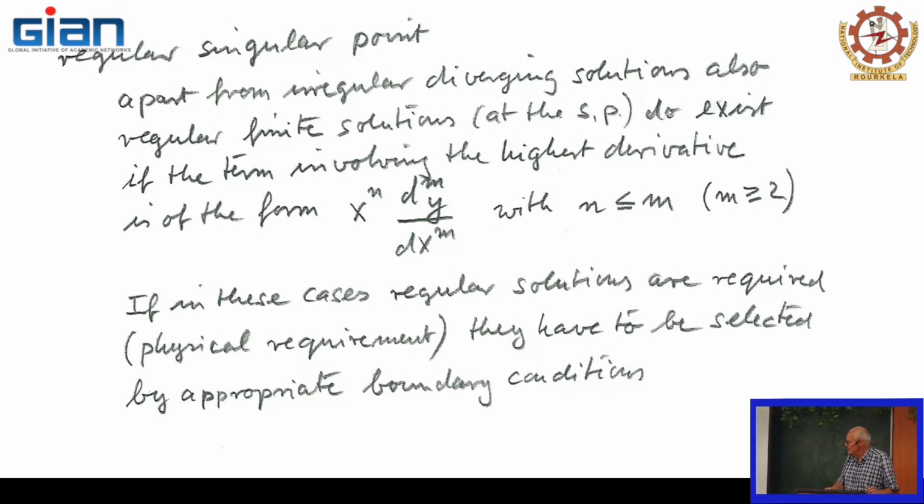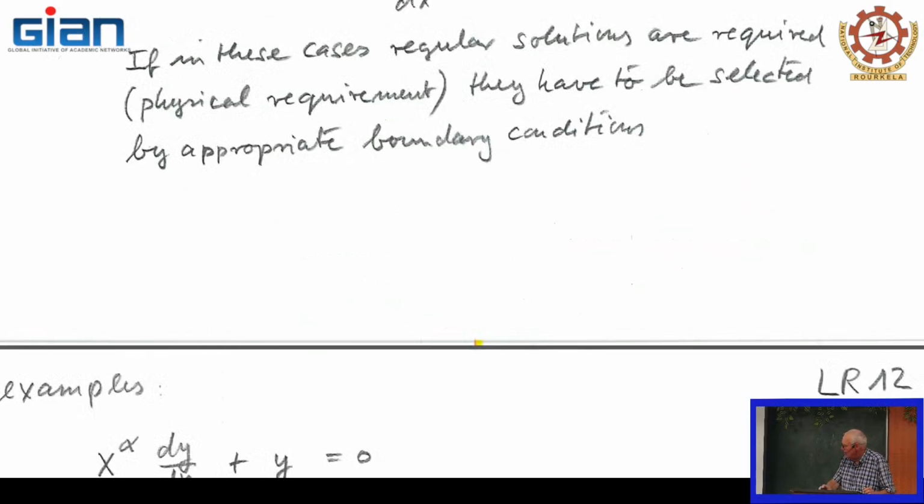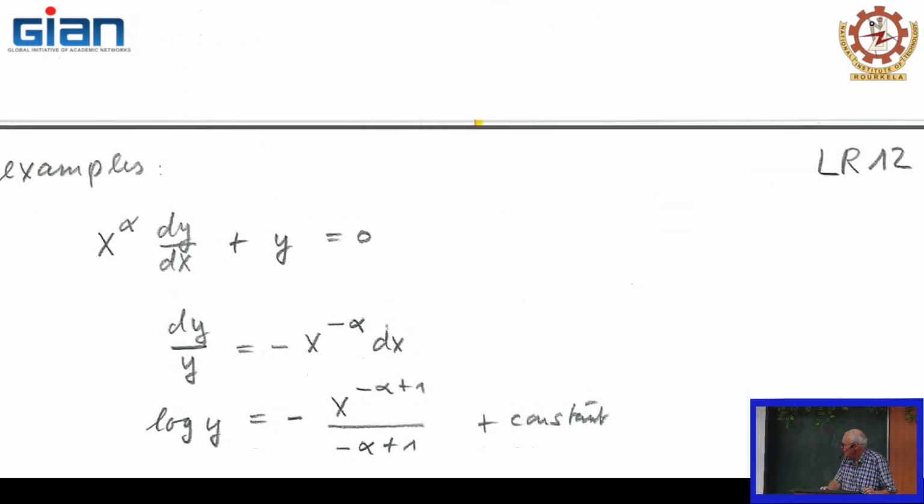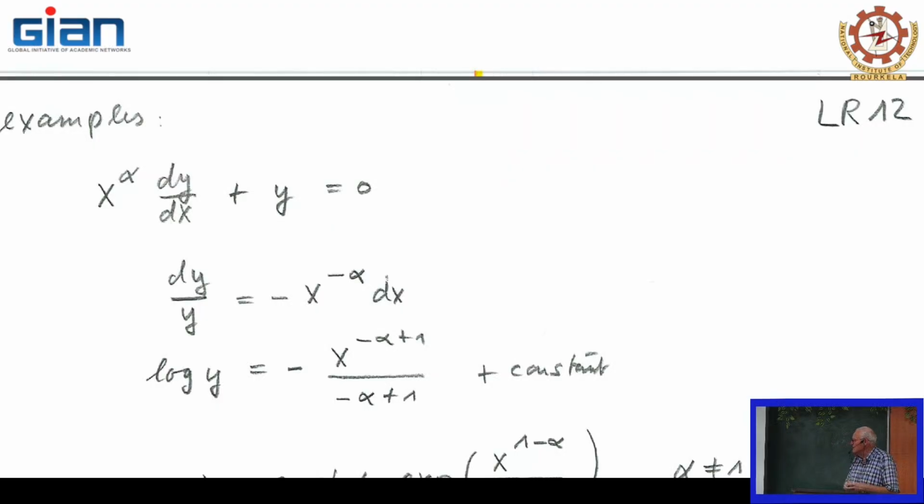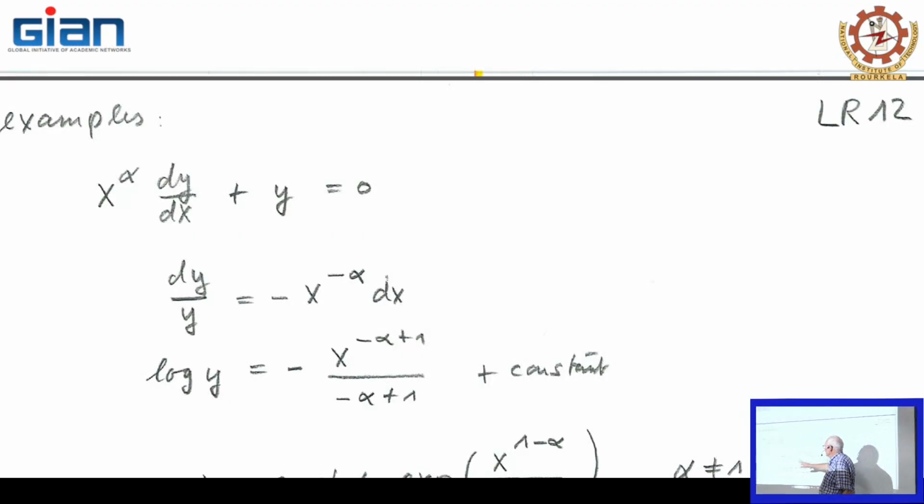So now let's consider two examples. For an irregular singular point, we consider the differential equation of first order, x to the power alpha times dy by dx plus y is equal to 0. A simple first order equation. How do we solve it?